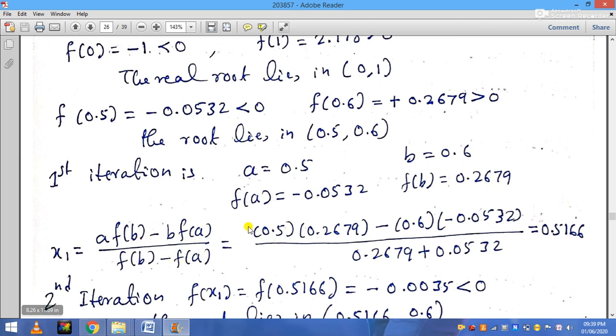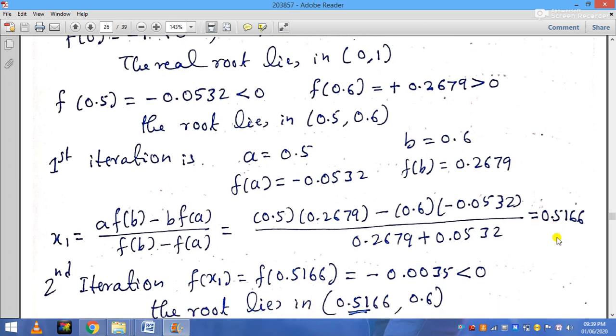So all the values are here. Put in the formula and on simplifying we get x1 is equal to 0.5166. It will be used for the second iteration.